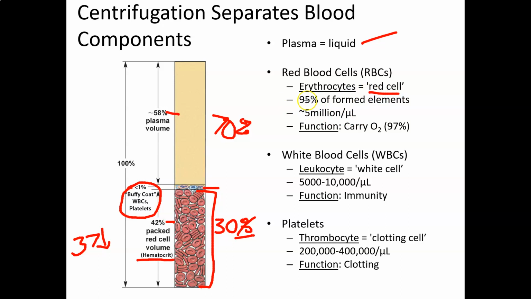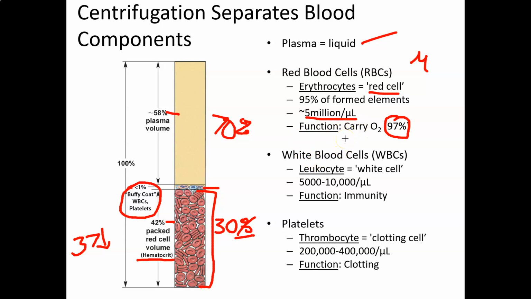From a number standpoint, they make up about 95% of the formed elements. They are approximately 5 million per microliter of blood. So this little symbol that looks like a mu symbol, right? That's microliter of blood. And their main function is to carry oxygen. And 97% or so of your oxygen is carried on a red blood cell.